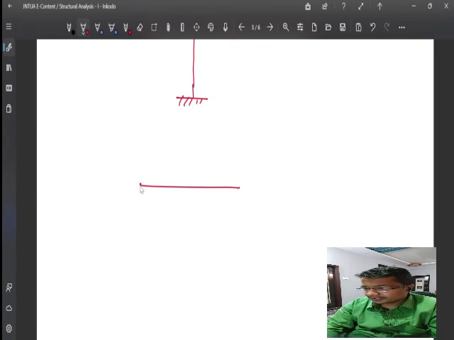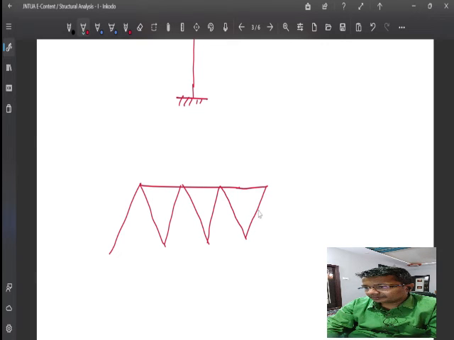Let us say I have a truss here which has a number of supports, for example.